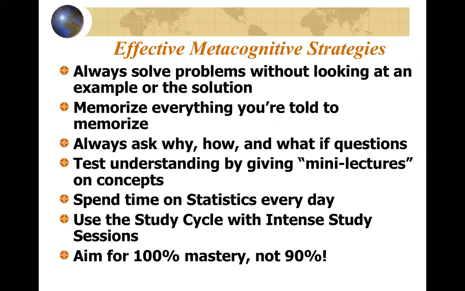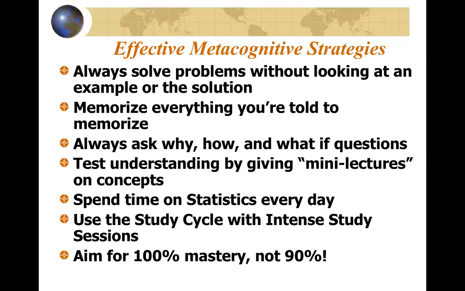Now, if you think back to Bloom's taxonomy, that very lowest level we had, which was the remembering, that would be the what's. You know, what's this and what's that. But the next level higher, understanding, now that's getting into the whys, hows, and what if questions. And here's an interesting thing.